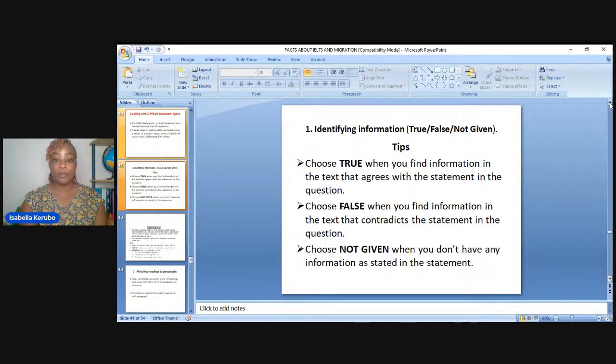This question type may require you to give an answer in this format.